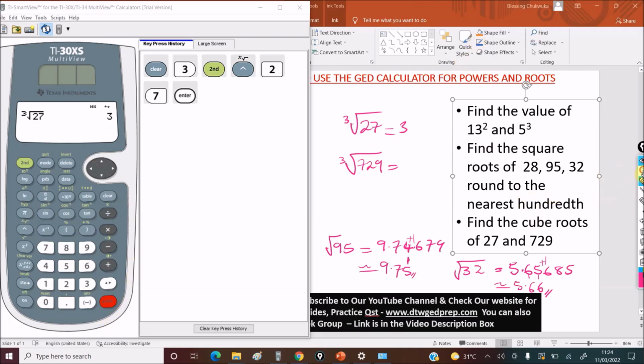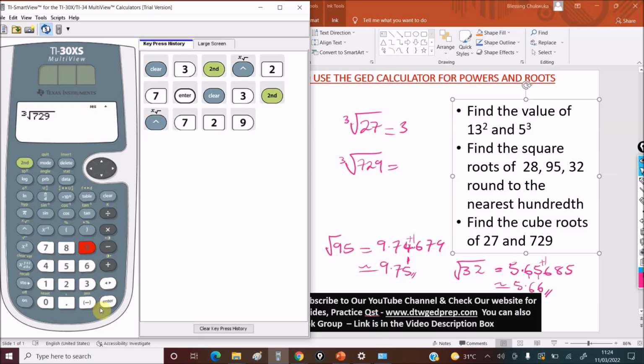Now let's find the cube root of 729. So we have to clear our screen. We punch the button 3 first, second function, activate the cube root sign, then 729, and enter. The cube root of 729 is 9.